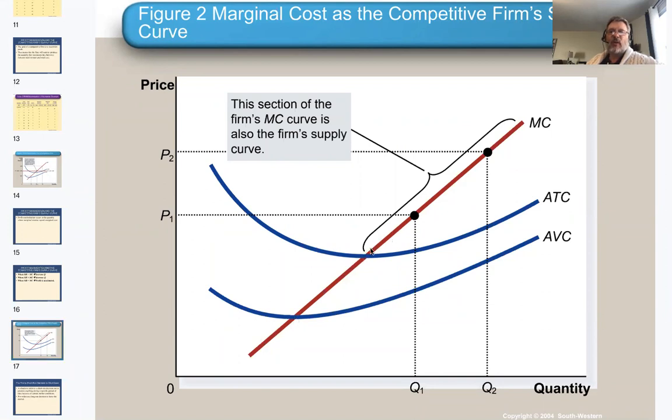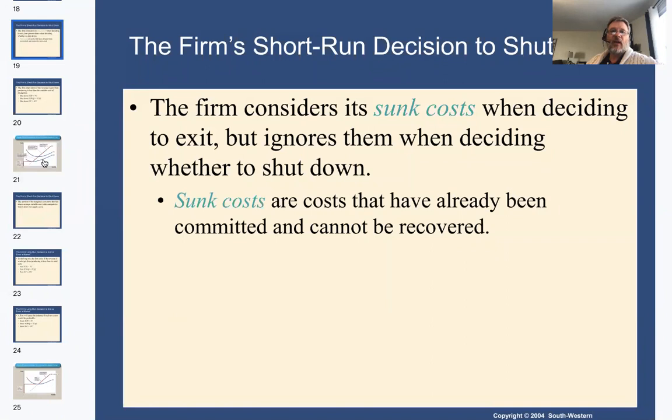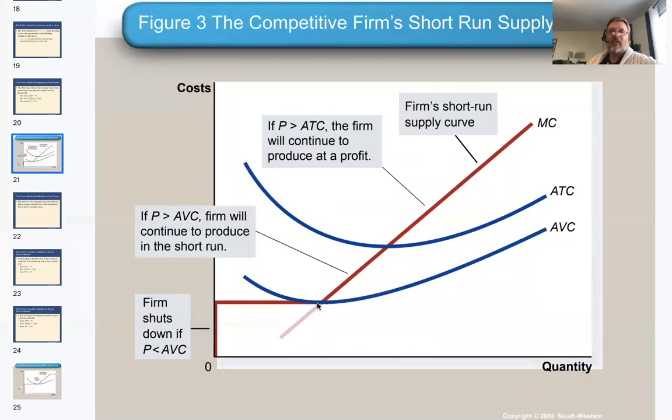It looks here like they're pointing to the minimum of the average total cost curve, because remember, the marginal cost curve crosses the average variable cost curve and the average total cost curve at their respective minimum points. But it turns out that if price drops below the minimum of average variable costs, it's more profitable for the firm to shut down. So the firm's supply curve is only that portion of the marginal cost curve that is above the minimum of average variable cost. So this is the graph that shows that.